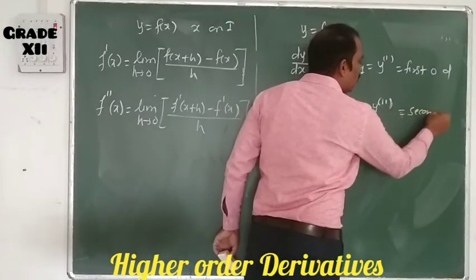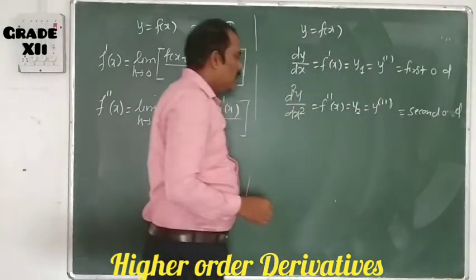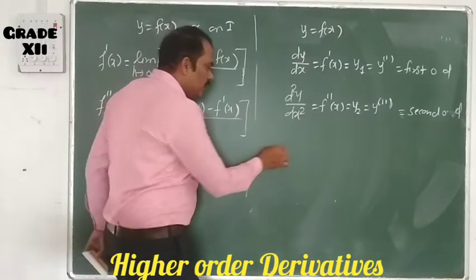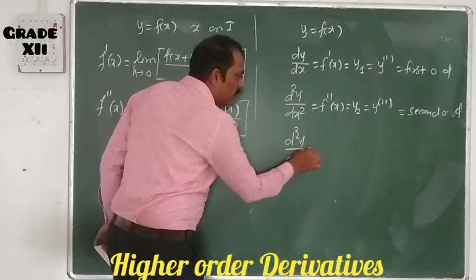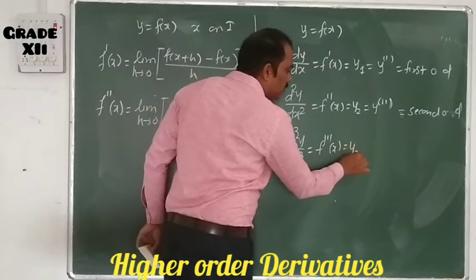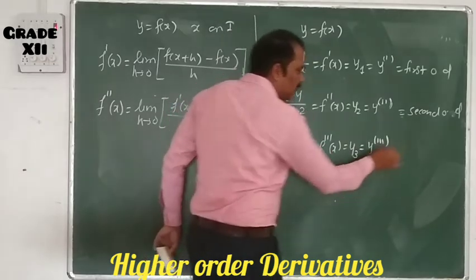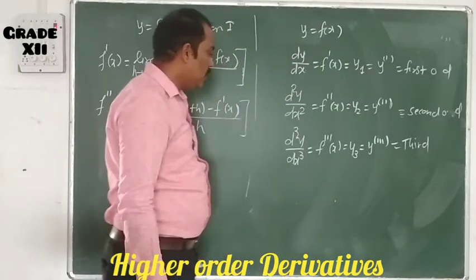second order derivative. If this d2y by dx square is again a differentiable function of x, then its third order derivative is given by d3y by dx raised to 3 is equal to f triple dash of x is equal to y3 is equal to y triple dash. It is nothing but the third order derivative.